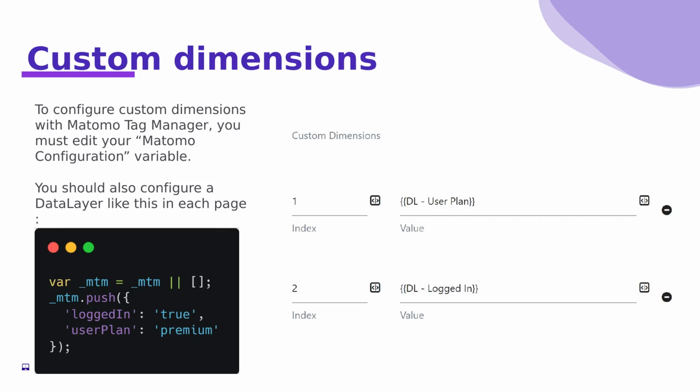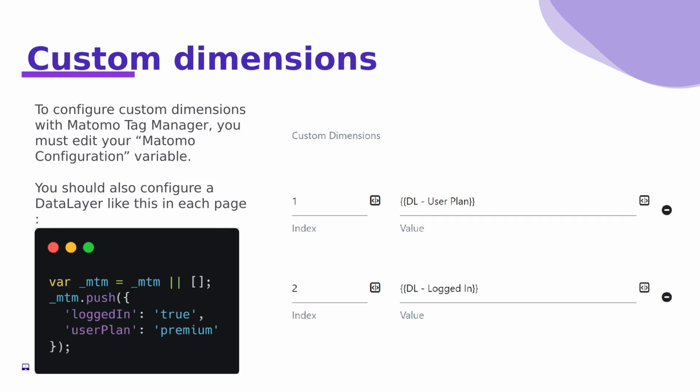And then in your Matomo Tag Manager, you just have to go back to your main Matomo statistic tag and change the configuration of your Matomo variable. In this Matomo variable, if you scroll down, you will find a section about custom dimensions, and you can add an automatic tracking of your custom dimensions.